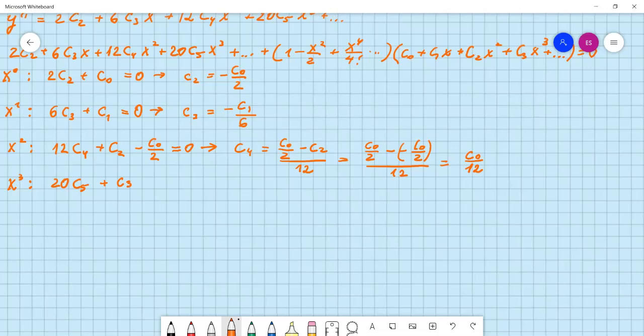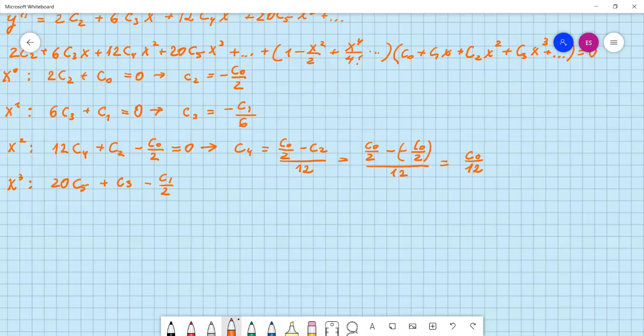Well, if I multiply 1 by anything else here, it's going to give me greater than cube. Now, I'm going to start multiplying x squared. If I multiply it by the first one, it's a square, right? Multiplied by the second one, it's going to give me x squared by x, which is cubed, right? So it's going to be minus C1 over 2. If I multiply x squared by the next term, which does not look like a square, it's going to give me already fourth power. So I'm fine here.